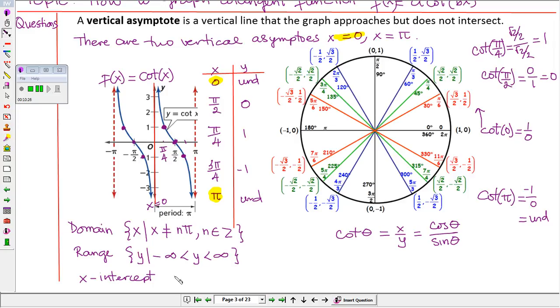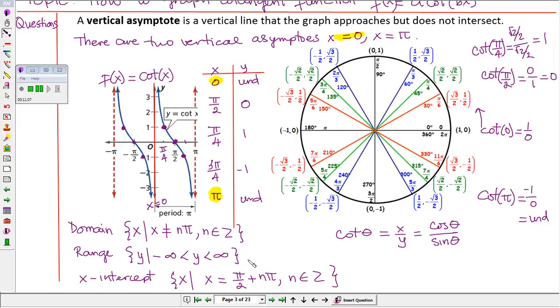So in general, you can say that the x-intercept will be the collection of all the numbers x such that x equals pi over 2 plus n pi, where n is an element of the set of integers.